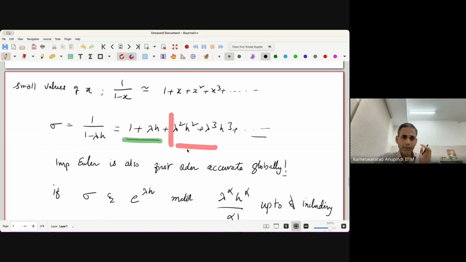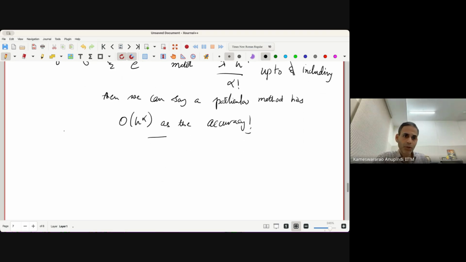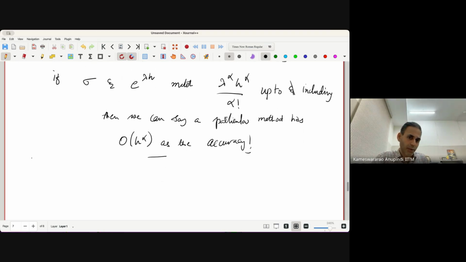All right, and then we can now look at this. Many a times, although this order of accuracy is useful, it is not sufficient. We want to look at the order of accuracy from a slightly different perspective for certain problems. For certain problems, we are interested not only in how accurate the method is in terms of amplitude, we are also interested in knowing how accurate the method is in terms of its phase.